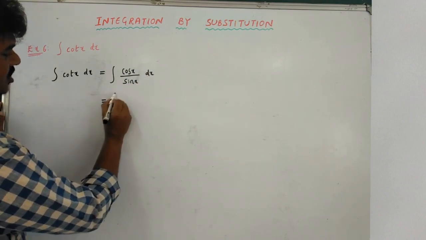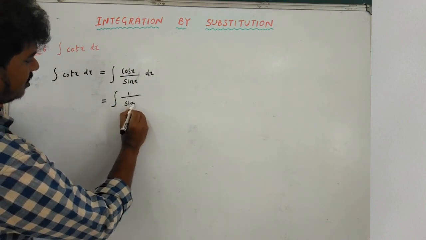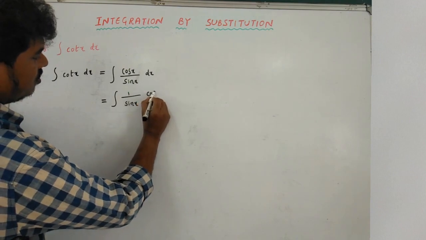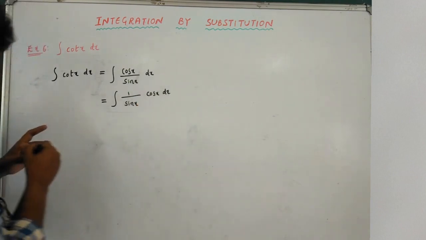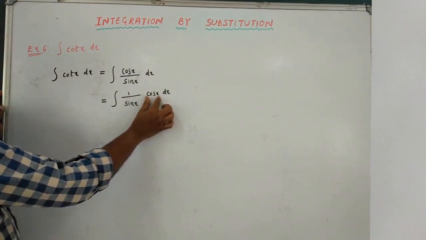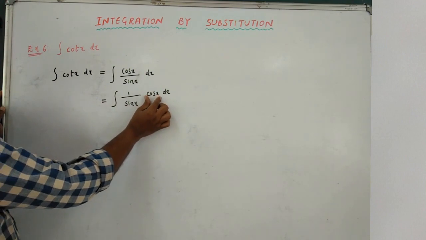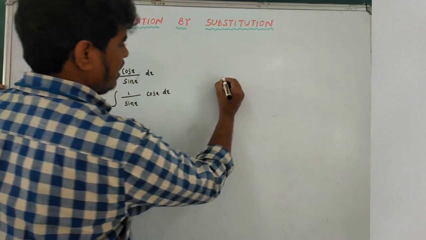Just a small rearrangement: I am going to write it as 1 by sin x into cos x dx. Here you can observe that the derivative of sin x is cos x. So this sin x will be taken as t. Take sin x equals t.